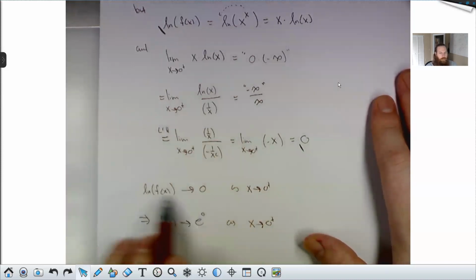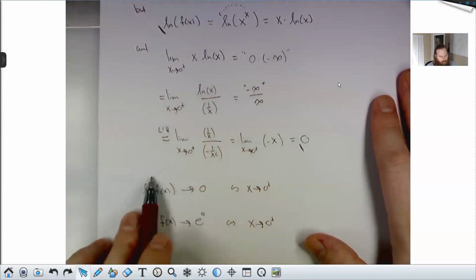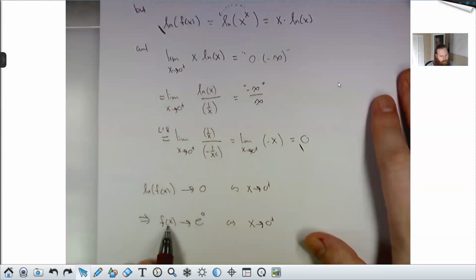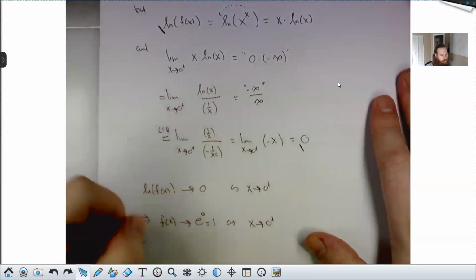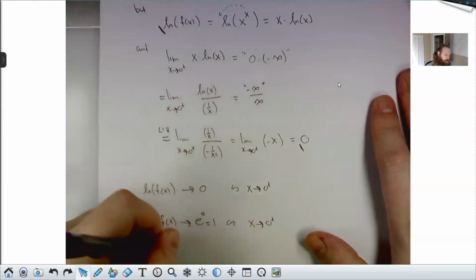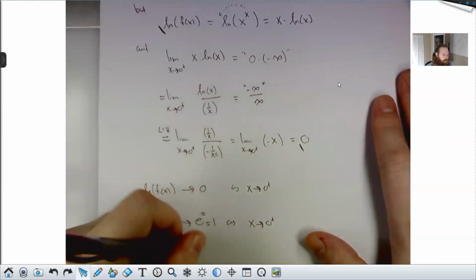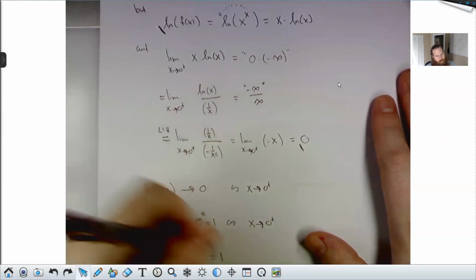In other words, you can exponentiate through this relationship. E to the ln of f of x is f of x. E to the 0 is 1. So the limit as x goes to 0 plus of f of x, in this case, is 1.